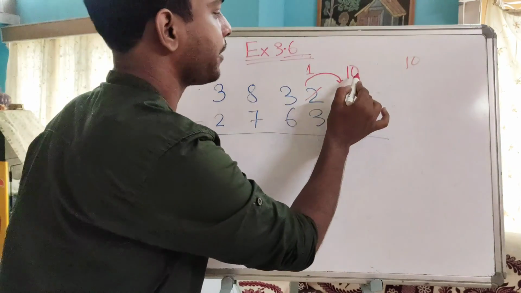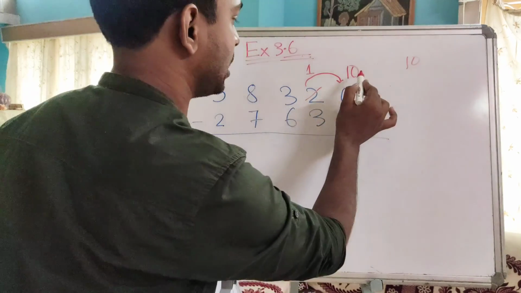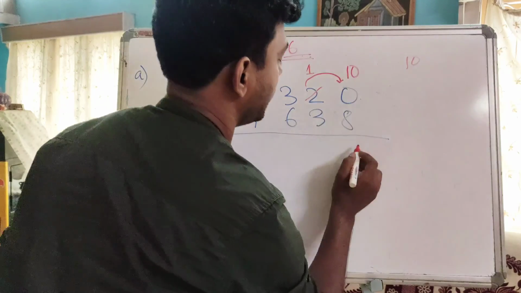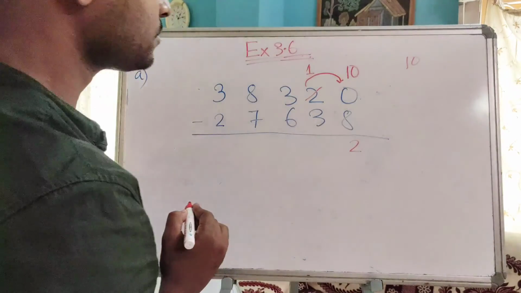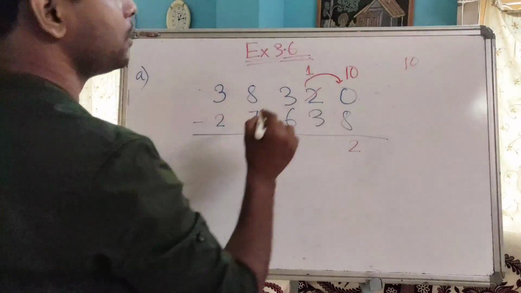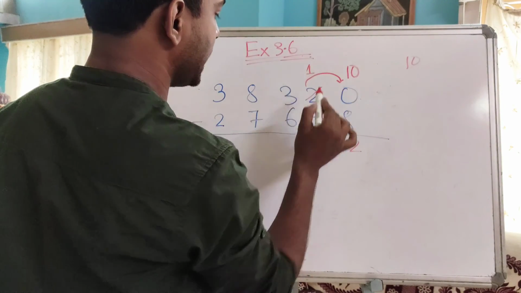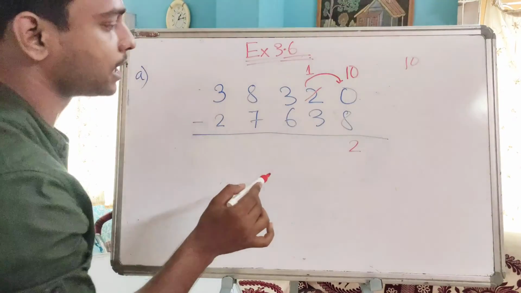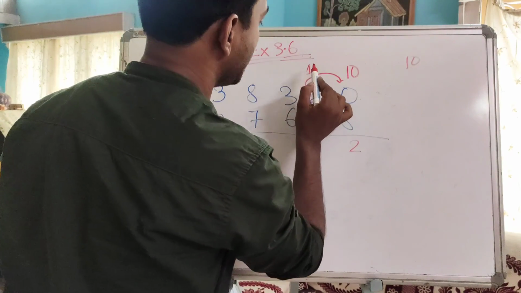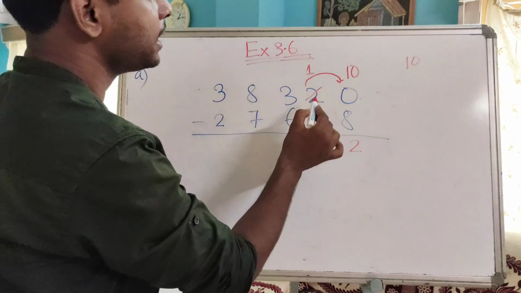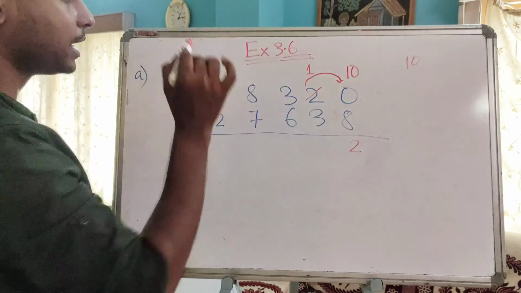Okay, now we are ready to subtract in this place. Now 10 minus 8 will give us 2. Now in this place there is 1 and 3. Same situation. 3 is greater than 1 and we cannot subtract a greater number from a smaller number.